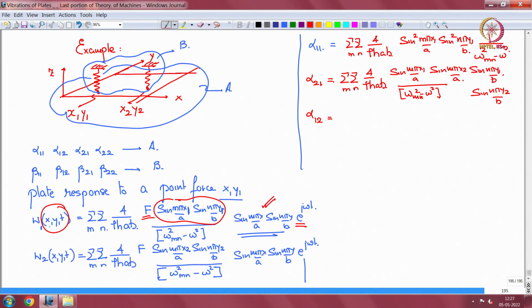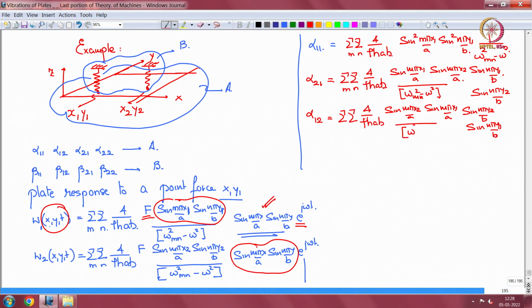So, 4 by rho h a b, sin m pi x2 by a, sin m pi x1 by a, sin n pi y2 by b, sin n pi y1 by b, over omega mn square minus omega square.